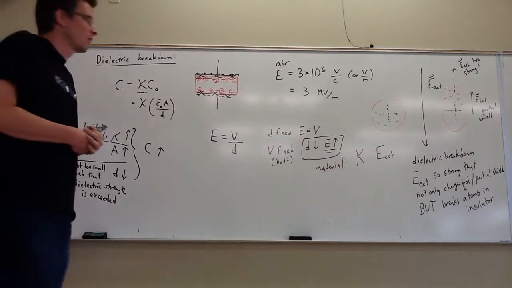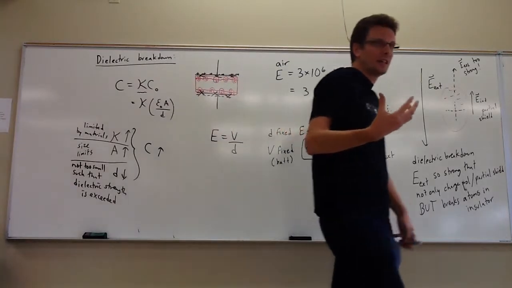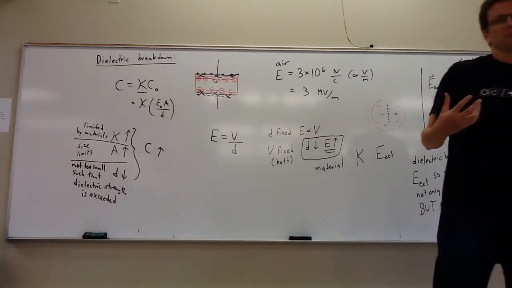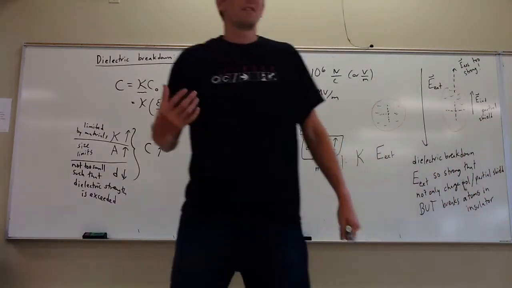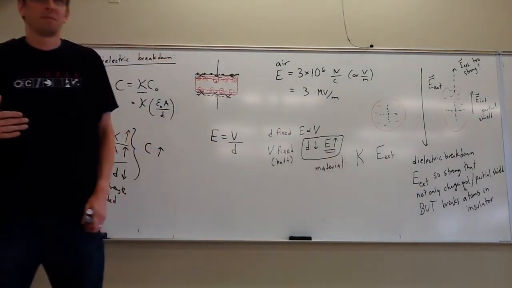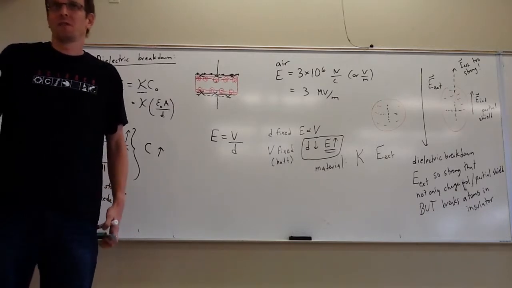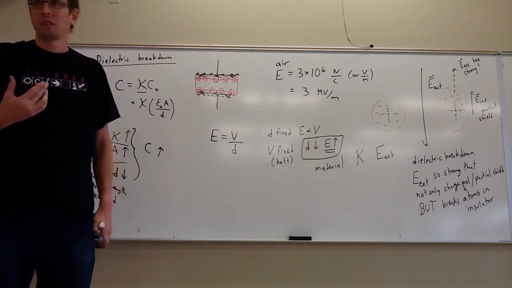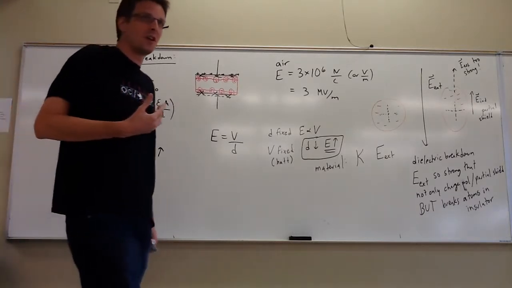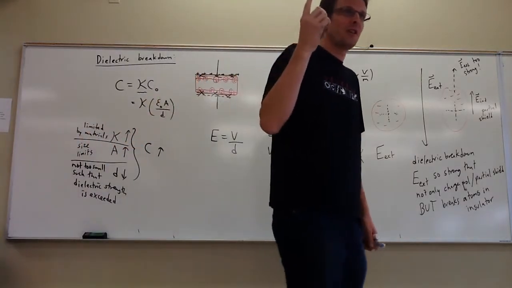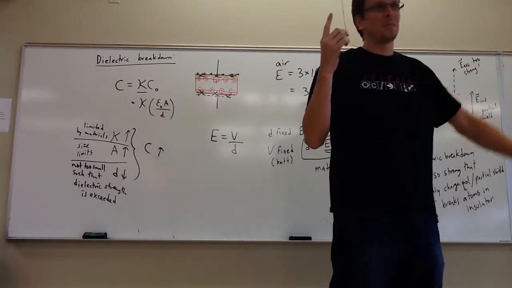Okay? This is also what lightning is. Lightning is dielectric breakdown of air. So obviously it's happening over a much further distance. Okay? And that's, of course, because the charge involved is a lot more. So chances are you do not have enough charge on your finger to jump from here to the next building, right?